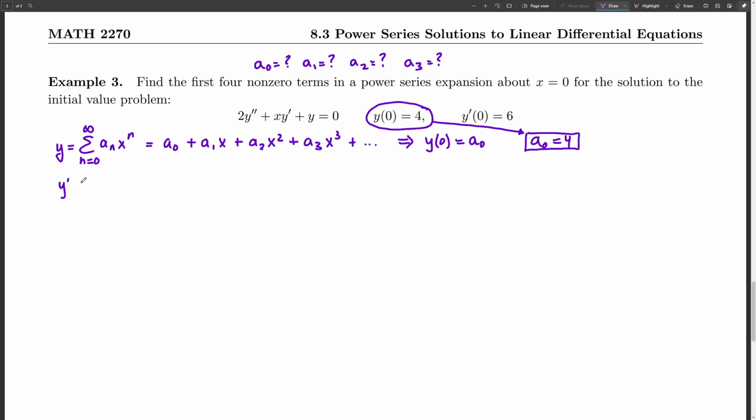Now for y prime, we have to do the termwise derivative, so that's the sum from n equals 1 to infinity of n times a sub n x to the power n minus 1.